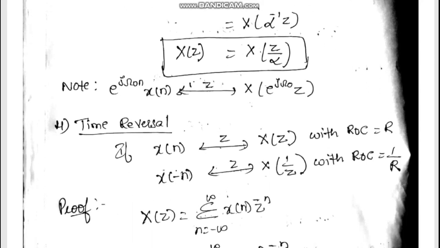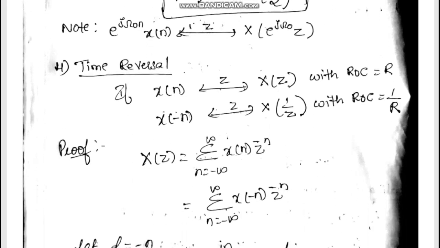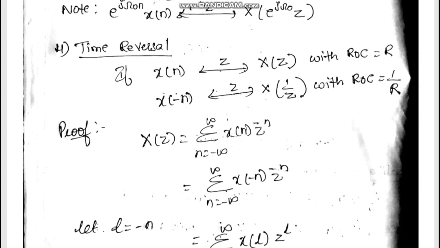Next, the fourth property is your time reversal property. Time reversal is the same: you take input as x of minus n, apply your z transform, and your output will be x of 1 by z with ROC equal to 1 by R. As usual, you take the formula x of z equals summation n equals minus infinity to plus infinity of x of n into z to the power of minus n.